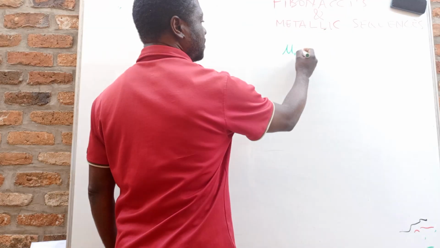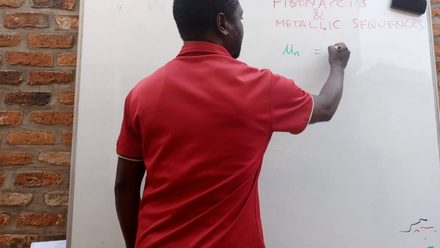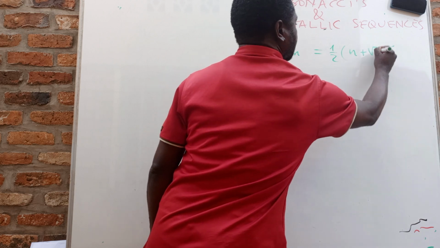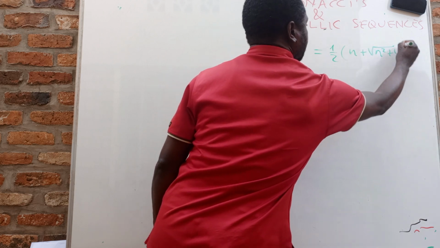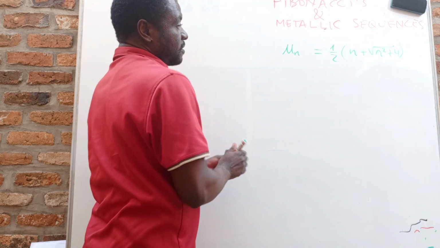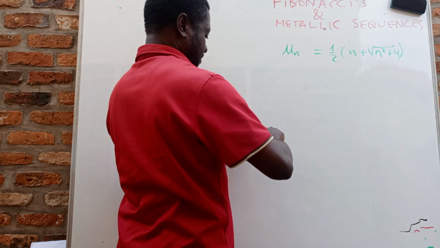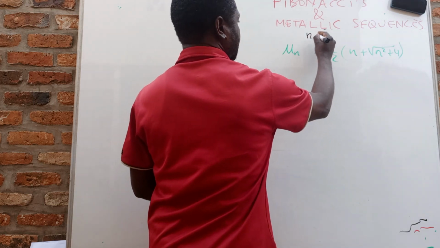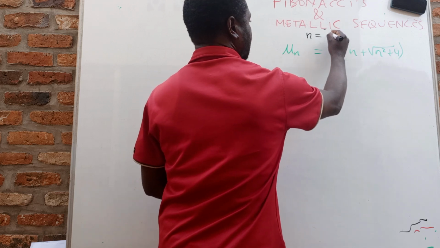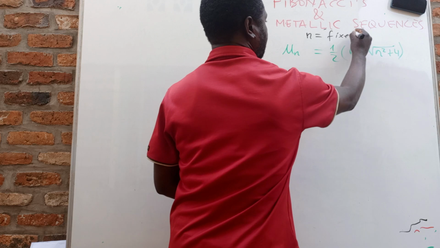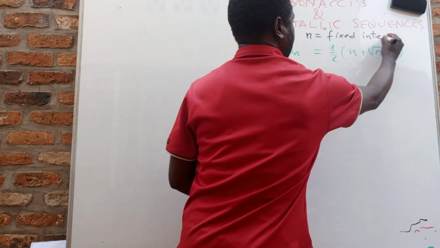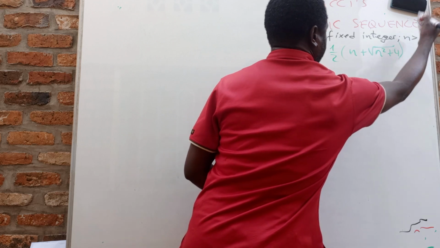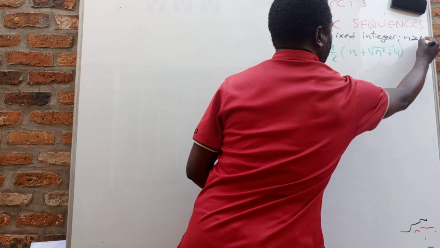It is given by half of n plus the square root of n square plus 4. This is for some fixed constant integer n, which usually has to be greater than or equal to 1.